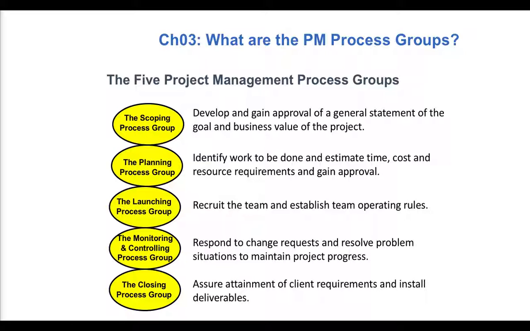The output of the planning process will be a requirements breakdown structure, a requirements document, software requirement specification, whatever you want to call it, and a project plan. And we need to get approval for that so we can continue to the launching.